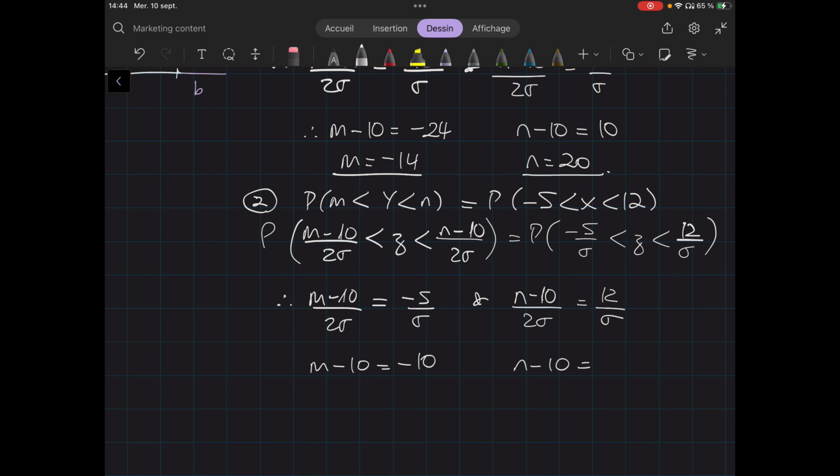Now we just need to solve for m and n. M is therefore 0 and n is 34. So those are your two possibilities.